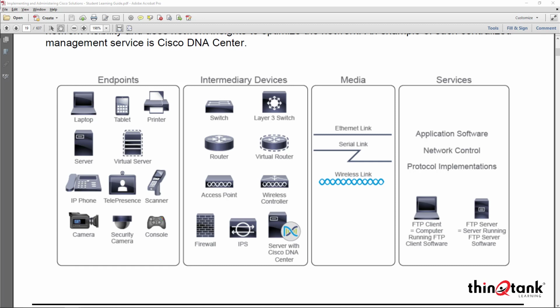So here's a pretty graphic that kind of talks about all the things that we talked about. But again, that's really what this course is all about. We don't focus a whole lot of time on the endpoints themselves, like what is a printer and what is a scanner and what is an IP phone.